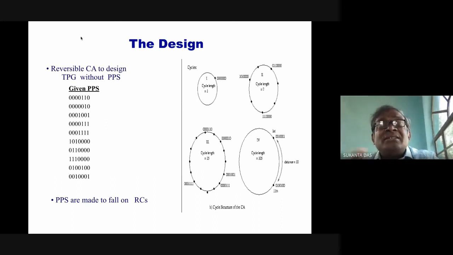In the example I have shown, you can see that many patterns are in cycle number 2, of length 7. So 3 patterns are there. And in cycle number 3, of length 15, there are 1, 2, 3, 4, 5 patterns.